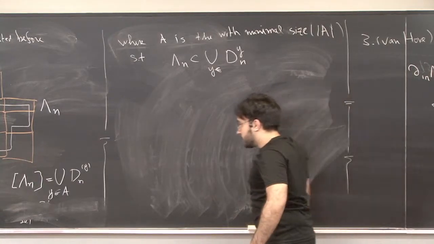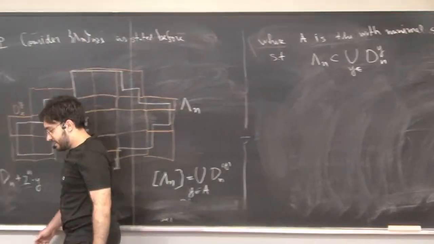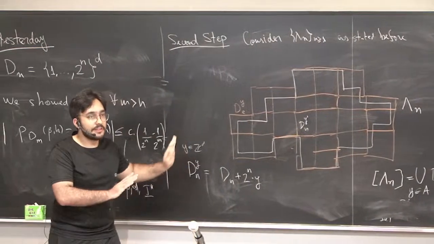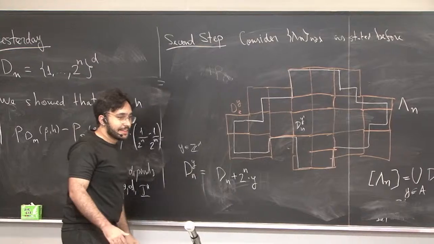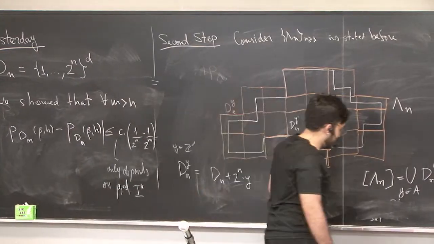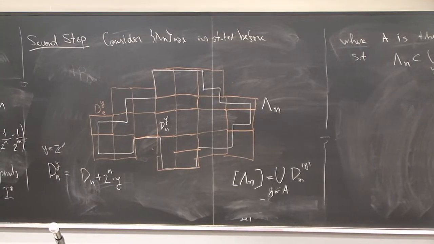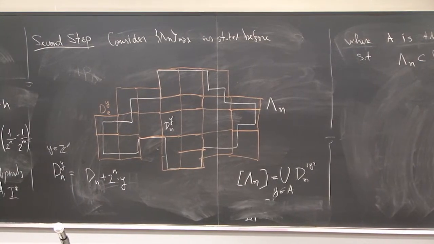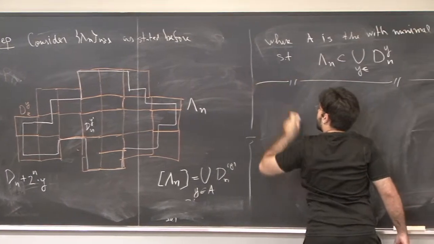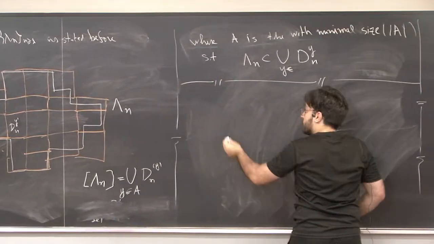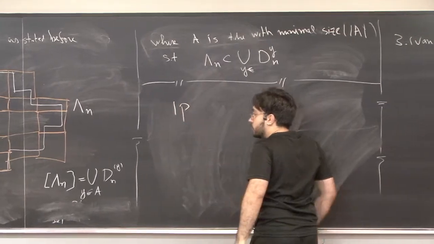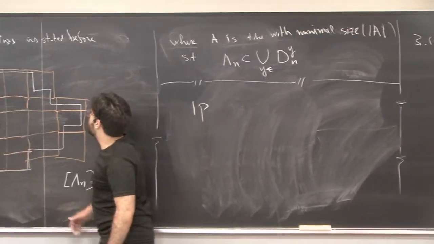So this gives us an approximation, and this is not the last time we will see this kind of argument. You are covering some set by cubes of a very large size. But okay, so what we will do is show the convergence of the local pressure.